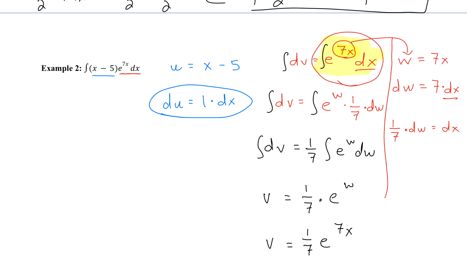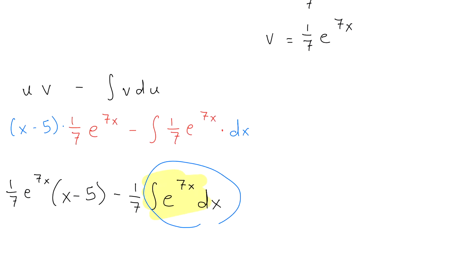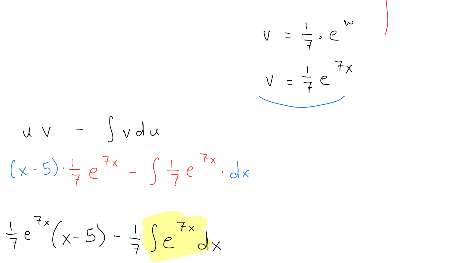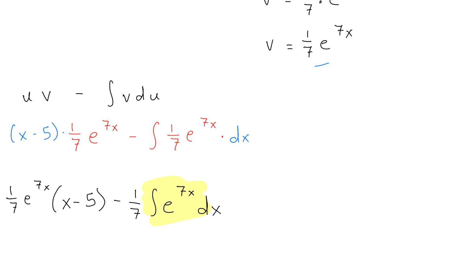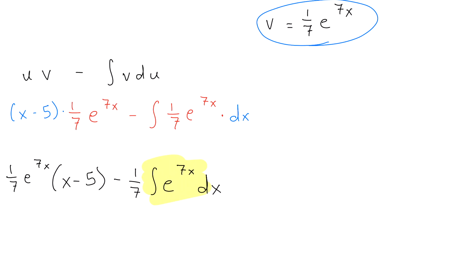Looking at this part right here, it is identical to what I'm trying to integrate down here. So I know that when I integrated that, I ended up with this v, 1 over 7 times e to the 7x. We do not need to reinvent the wheel here. We can use the work that we've already done. So I know that my antiderivative is going to be the same as this part right here. So let's bring that work down and plug it in.